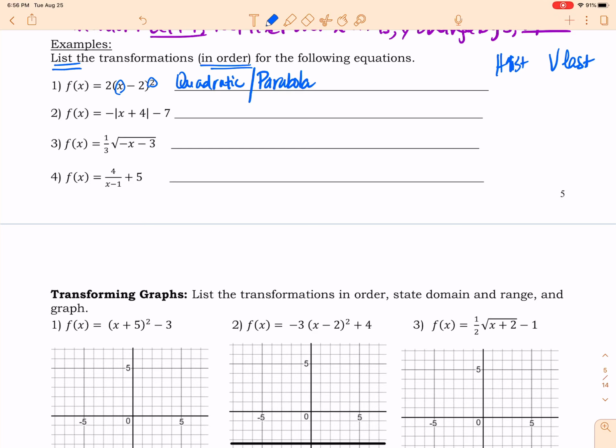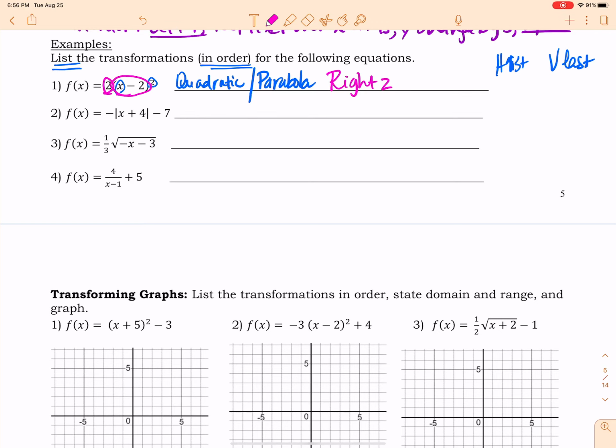Okay, so the first thing I'm going to do, I'm going to ask myself, is anything horizontal going on? Well, the answer is yes, it is. Because if you'll notice in your parentheses right here, we have x minus 2. That means we have a right shift of 2. So that parabola moves to the right 2. What else is going on?